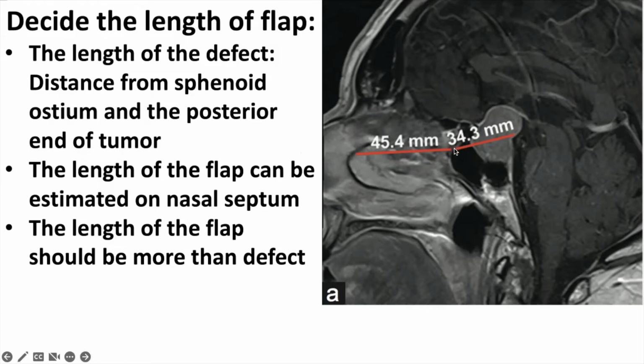So measure the distance, whatever distance is there, then your flap should be slightly longer, 1 centimeter, 1.5 centimeter longer than the distance of the sphenoid ostium to the posterior margin of the tumor. So that much of a long flap is required. So plan accordingly.